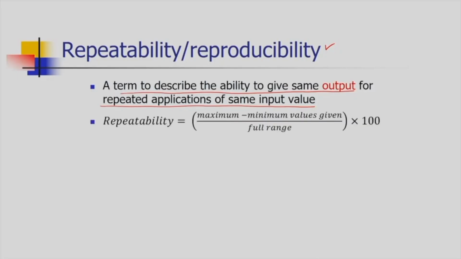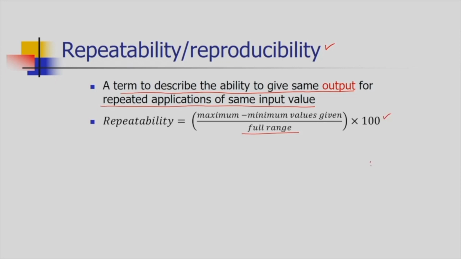There may be many reasons for that. Repeatability is computed as the difference between the maximum value and the minimum value given by the sensor, relative to its full range, in percentage.